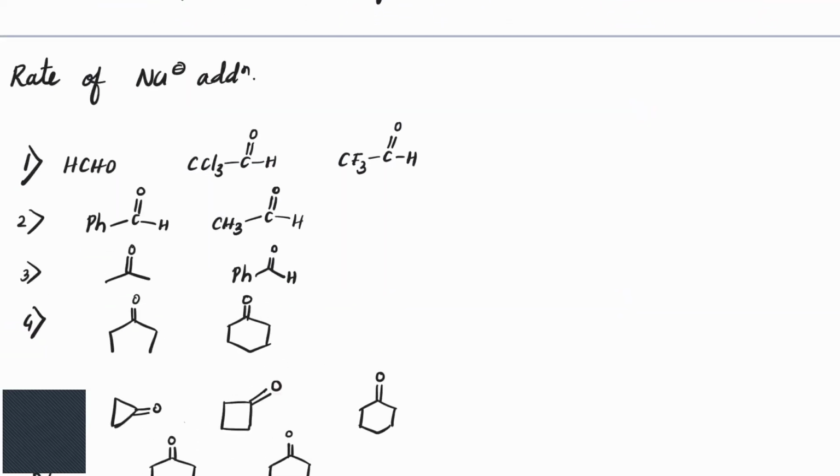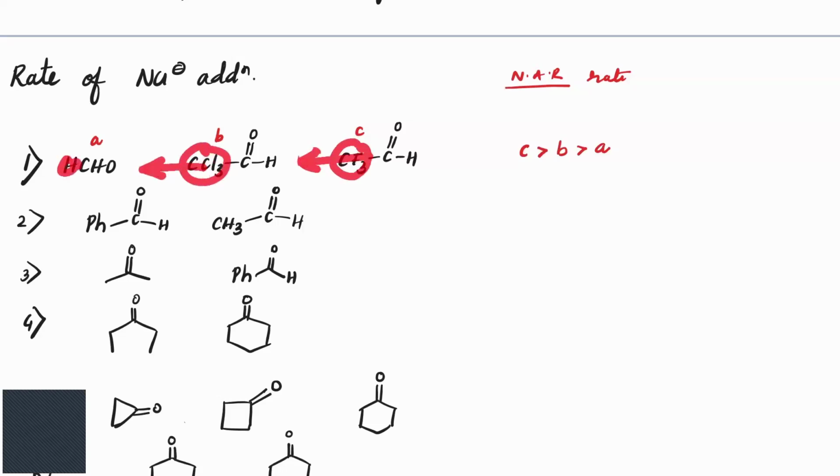So if I have to compare the NAR here, nucleophilic addition reaction rate, then in this first case, if this is A, B, C, definitely C is greater than B is greater than A, because CF3 is strongly withdrawing, CCl3 is also strongly withdrawing. Here there are no withdrawing groups.